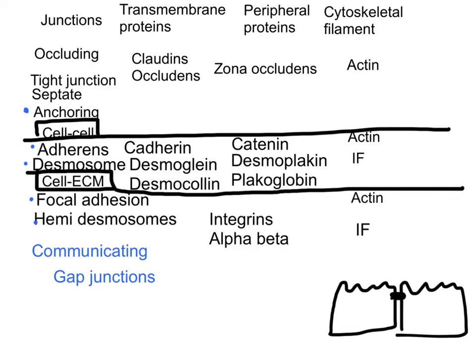All right. So, connexins. And I stumbled in the lecture. I said I made a mistake. Does anybody remember? It's a 6-pass transmembrane protein, and you need 4 of those to make one gap junction.